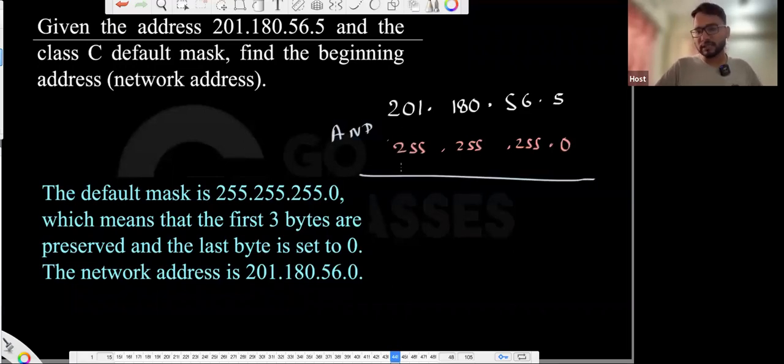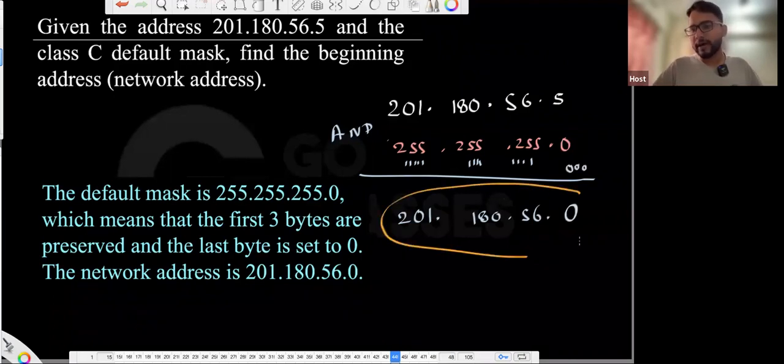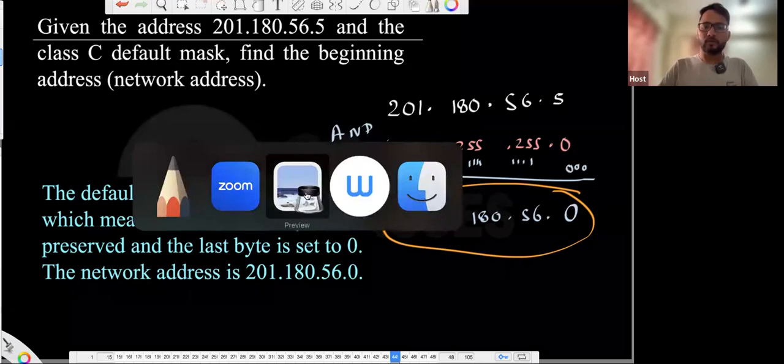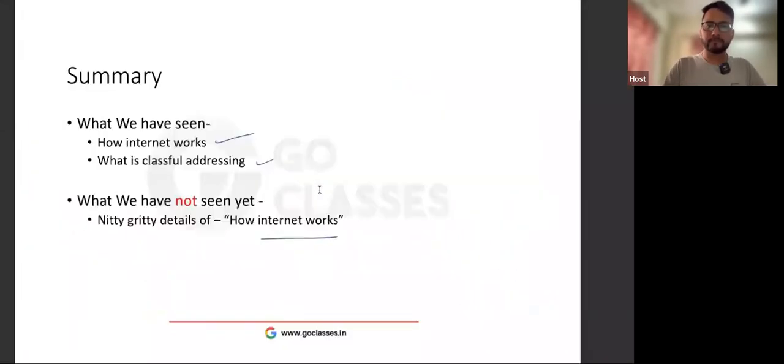Since it is all ones in the binary, if you take the AND, it will be just like this. And since it is all zeros, it will be just 0. Okay. So this is called network ID. I mean, that's how the router finds the network ID. Okay. So let me go to the slides that we have here.